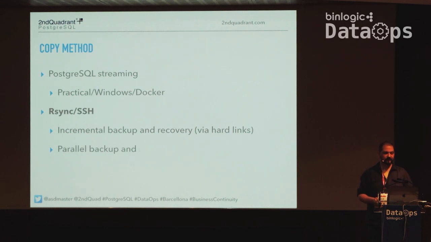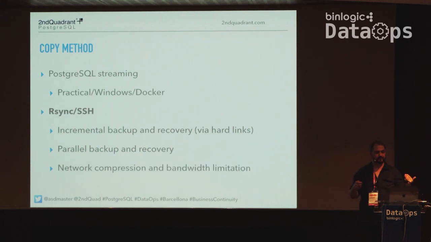We can have parallel processes that start as spawners, rsync processes, and copy your backup in parallel and recover it in parallel, so it speeds up the execution of physical backups. And we have network compression and bandwidth limitation, and these are only the tip of the iceberg of the things that Barman can do.